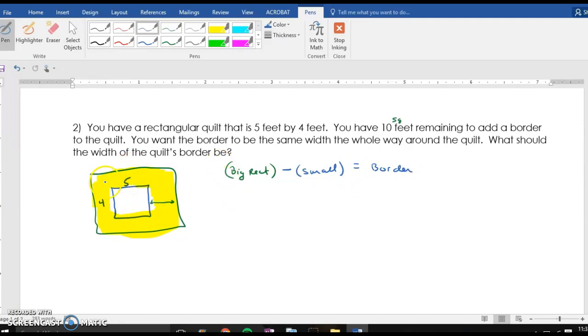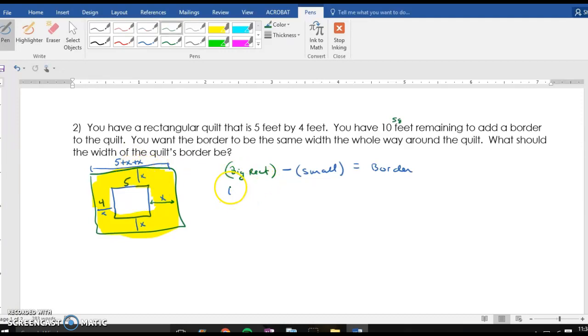So now if you think about it, I'm extending this x units here, and I'm extending it x units here. I'm extending it x units here and here. So now the new length of this side is 5 plus 2x.